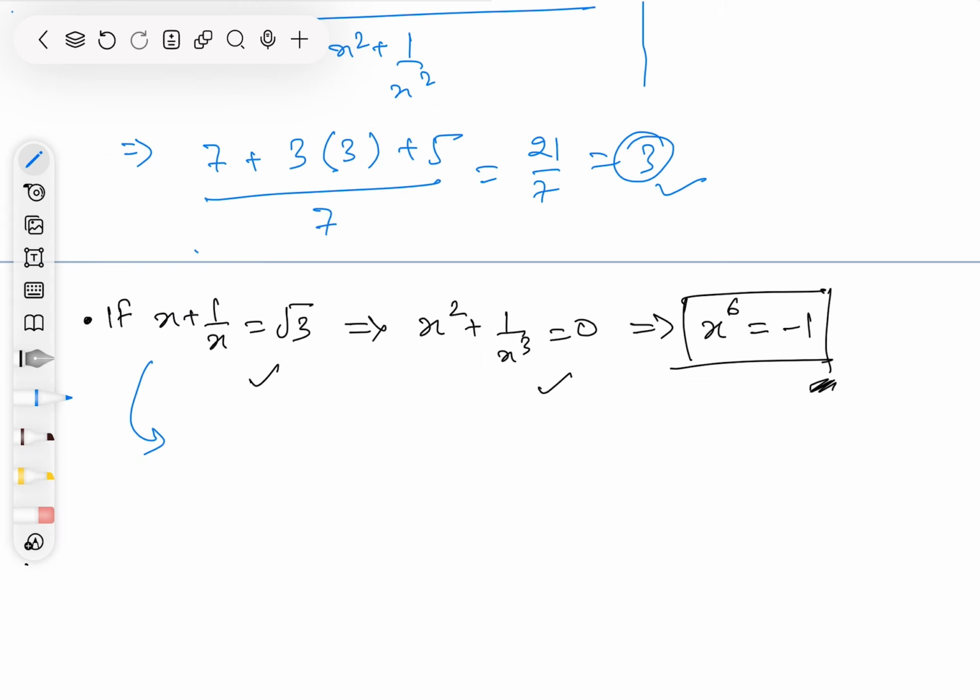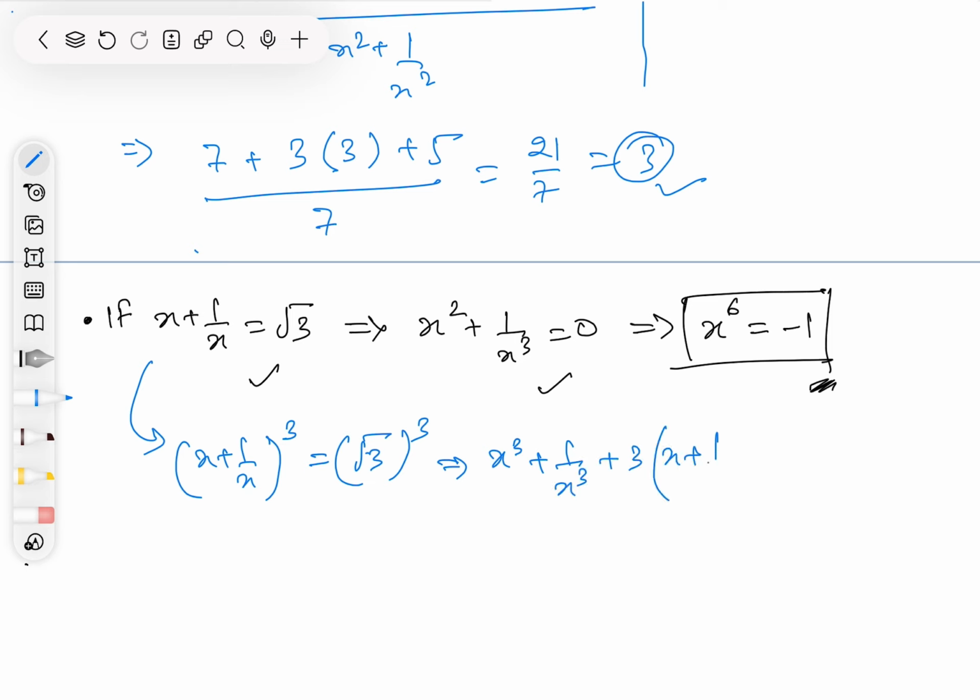Let's cube this on both the sides. So x plus 1 by x whole cube equals root 3 whole cube. This will be x cube plus 1 by x cube plus 3 times x plus 1 by x equals root 3 multiplied by root 3 multiplied by root 3. So this would be x cube plus 1 by x cube plus 3 root 3, right?